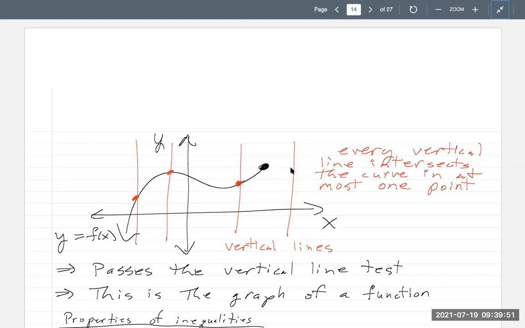So either 0 or 1, but not 2, 3, just 0 or 1 places. If every vertical line intersects this curve in at most one point, then this passes the vertical line test. If the curve passes the vertical line test, then this is the graph of a function. So there exists some function, let's call it f, such that the graph of y equaling f of x is this curve.